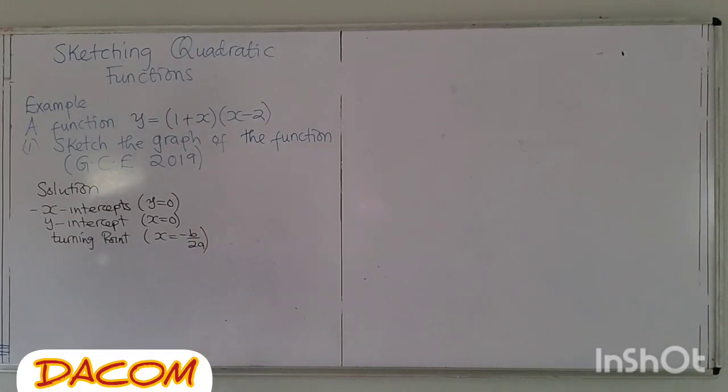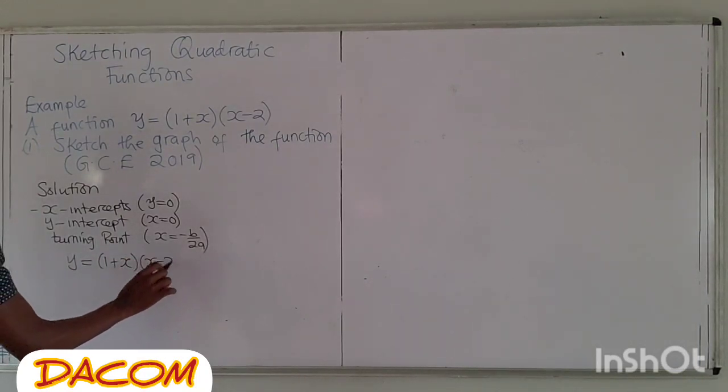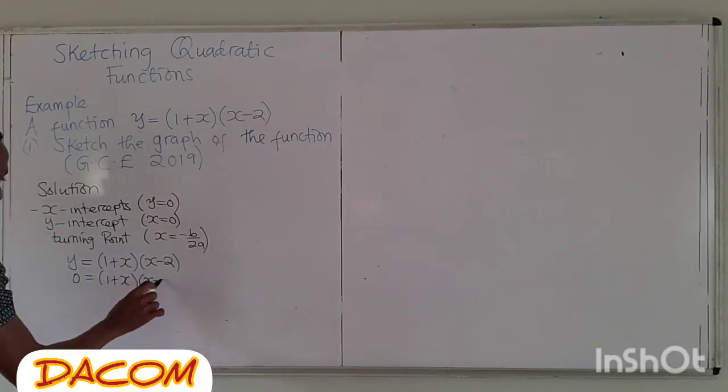So without wasting much of our time, we have the function which has been given: y is equal to (1 plus x)(x minus 2). When we look at this function, it is not in standard form of a quadratic equation, but it has already been factorized for us. So we set y equal to 0, so 0 is equal to (1 plus x)(x minus 2).